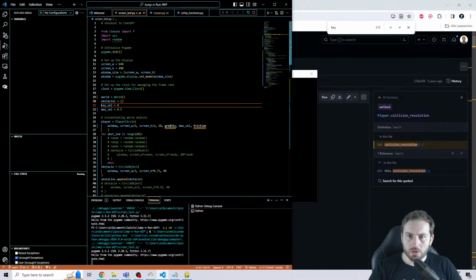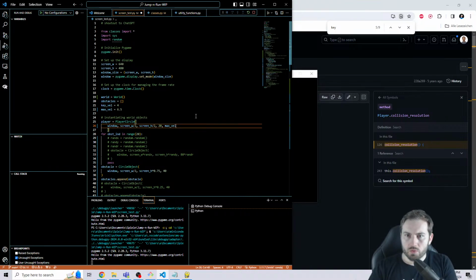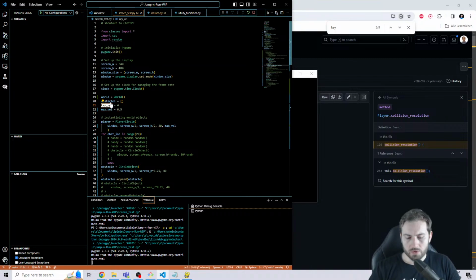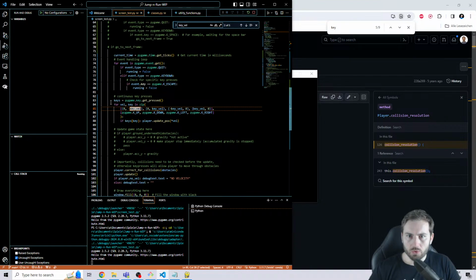go here, remove this one, remove this one. I think this one is not used anymore. Oh no, it is.